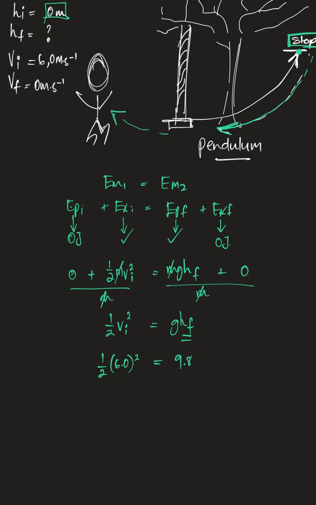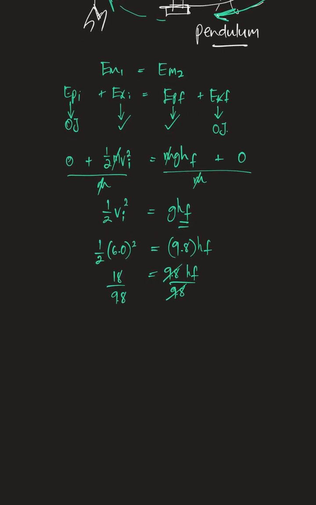And I've got 9.8 times h final. So 18 is equal to 9.8 h final. Divide both sides by 9.8 so that we can get h final by itself. 18 divided by 9.8 gives me h final equal to 1.83673, etc. So h final is actually 1.84 meters high, or at the top.